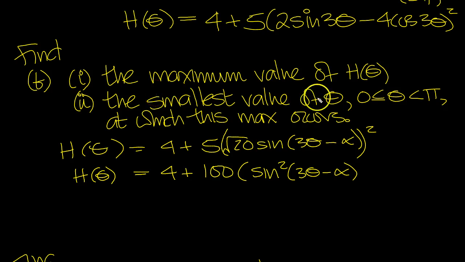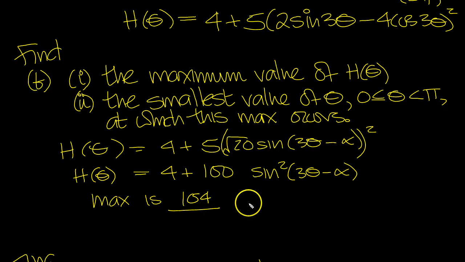So the maximum value of h theta, max, is, well, it's got to be 104, hasn't it? Because the sine can vary from 1 to minus 1. So it has to be 104. The smallest value of theta at which this max occurs.